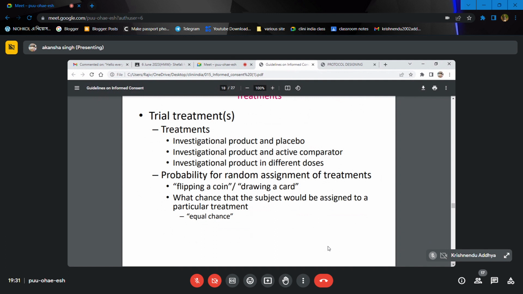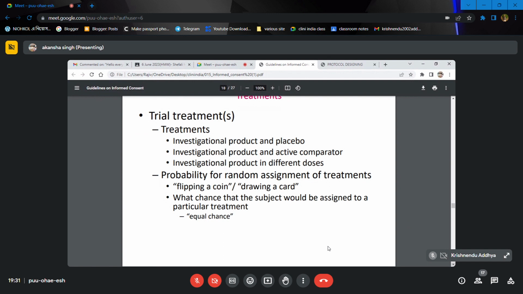Then we have to explain that it will be a random assignment of treatment. It is not that you will only get the placebo; we will randomly give the drugs to the patients. This random selection will be done either by picking up cards or picking up sheets. Flipping a coin is not possible in a large group of patients, but drawing a card or picking up chits is possible.